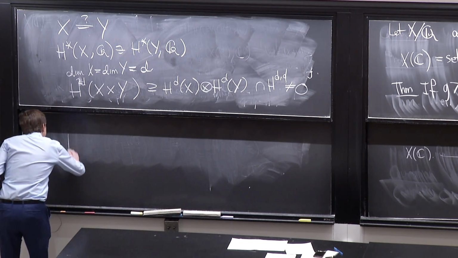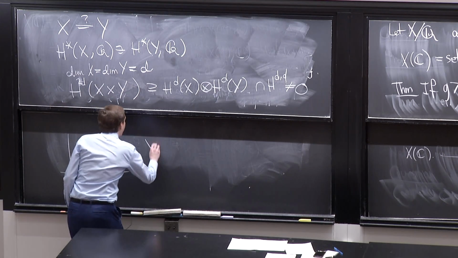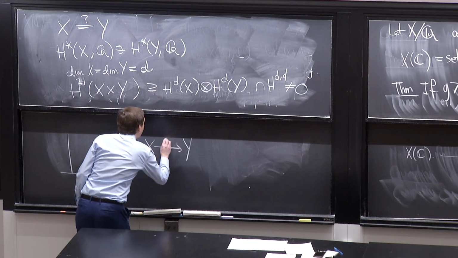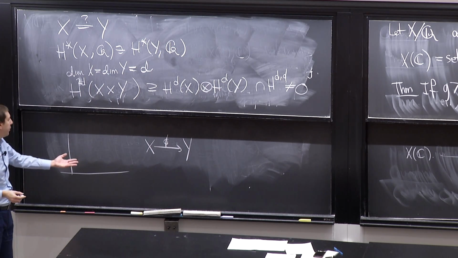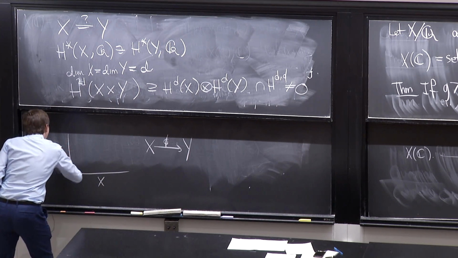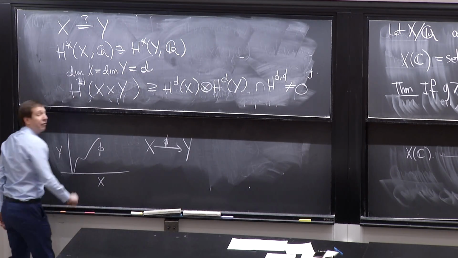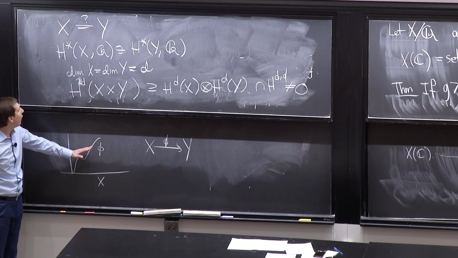So what's the best possible example of such a cycle? Well, of course, I can have a map from x to y that's an isomorphism. If I have such an isomorphism, what is the corresponding cycle? Well, if you've taught calculus, you can just write x, y, and I just write the graph of this function, and that will be a cycle of the correct dimension.